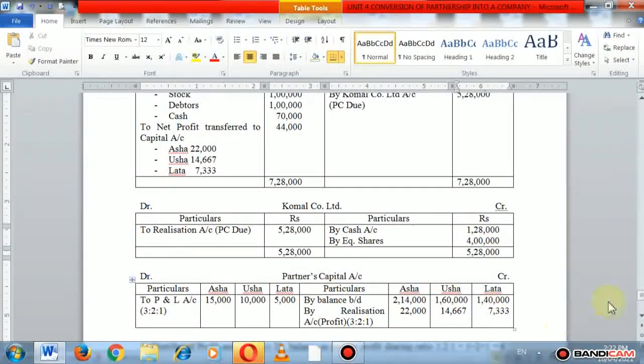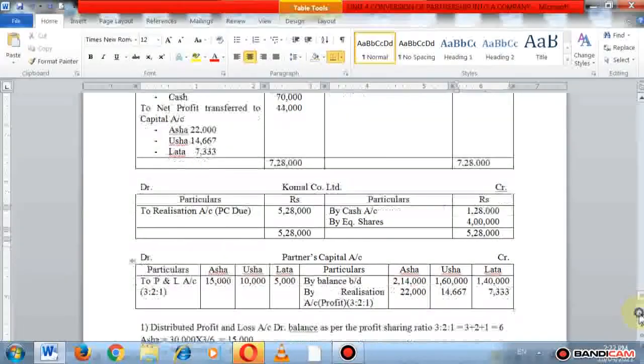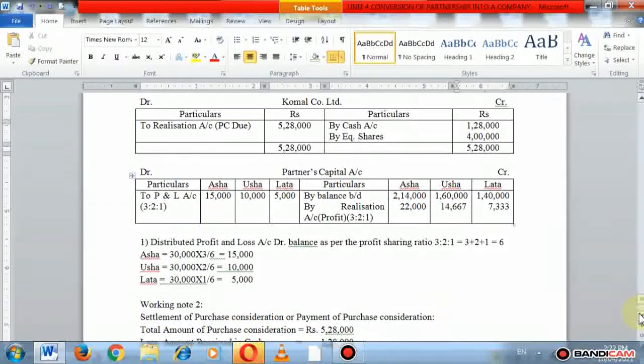Now we close the books of accounts, that is, the partners capital accounts. So first of all we distribute the cash as well as equity shares to the partners capital.